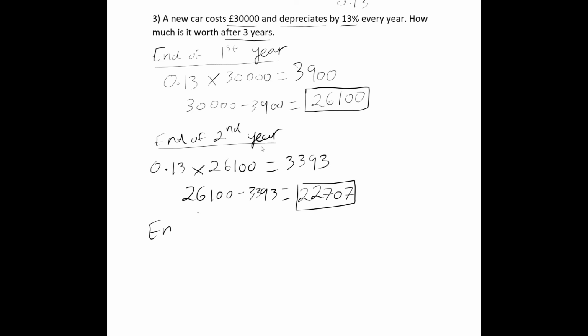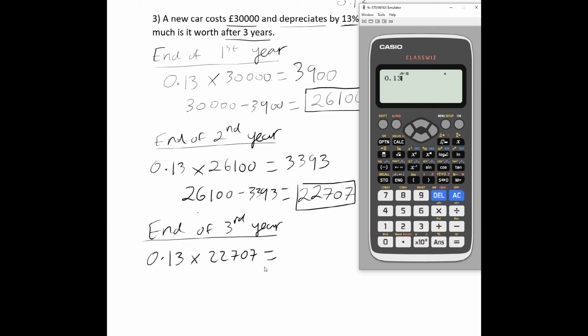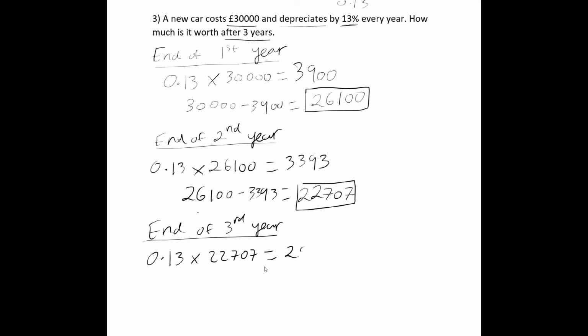And finally, end of the third year, because it's 3 years, I need to do 13% of £22,707, which is £2,951.91. Just don't round it till the end.